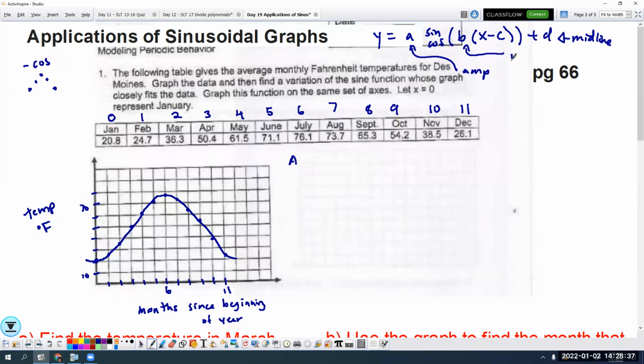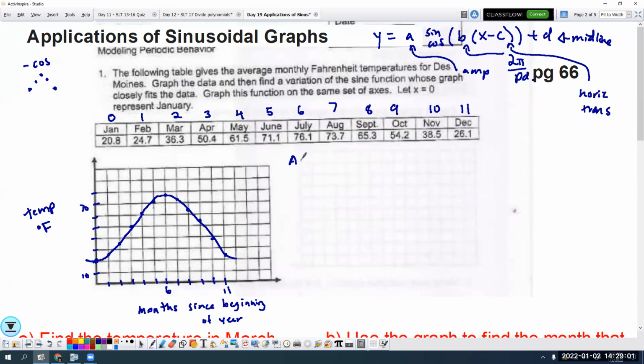B is going to be 2 pi divided by the period. And C is our horizontal translation, or our phase shift. Now, if we write this as a negative cosine, we're not going to need a horizontal translation because it just starts on the y-axis. So that's kind of handy dandy.